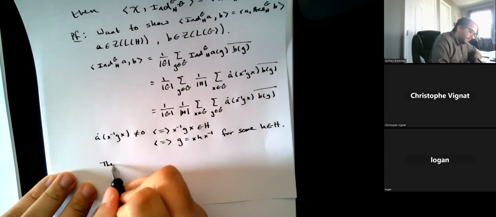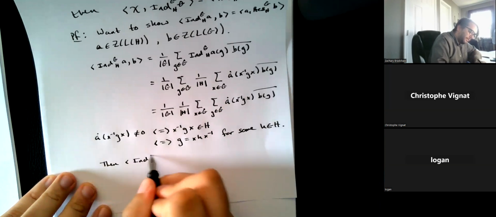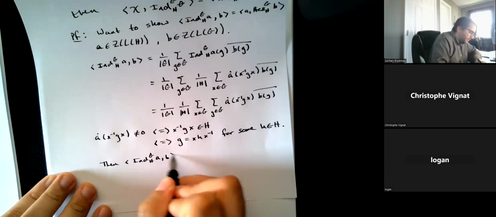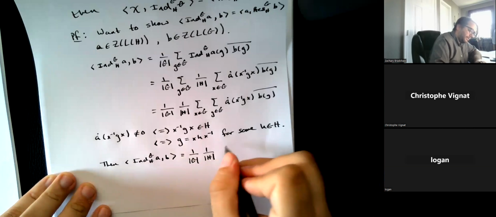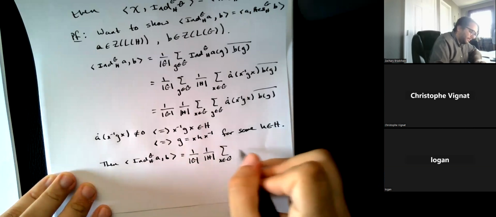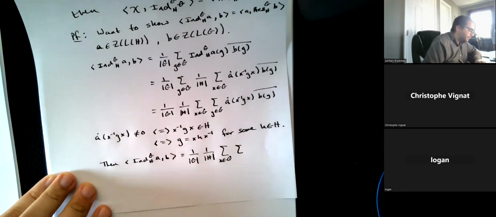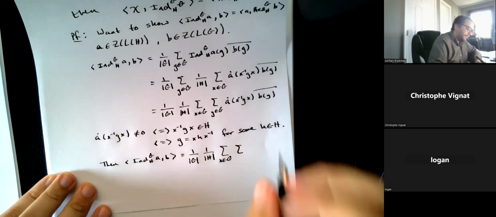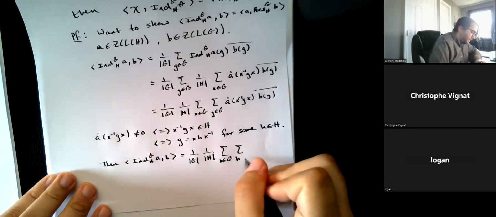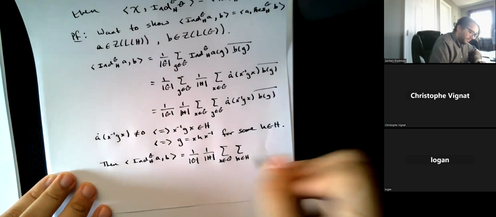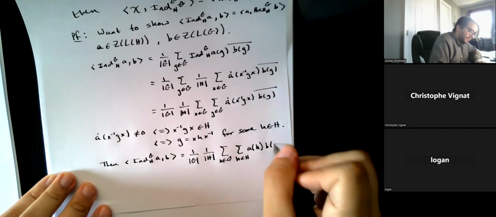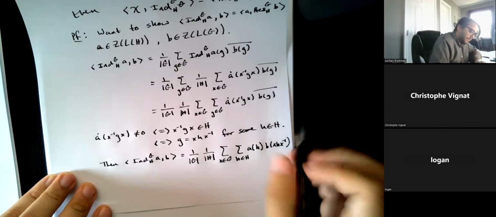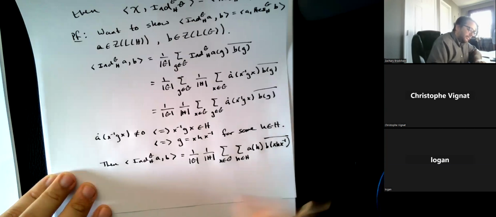Well, then this thing we're trying to compute must be equal to 1 over the order of G, 1 over the order of H. Put our sums in here again. And now this one I'm going to re-index by h. And now my summation is over H due to this property here.